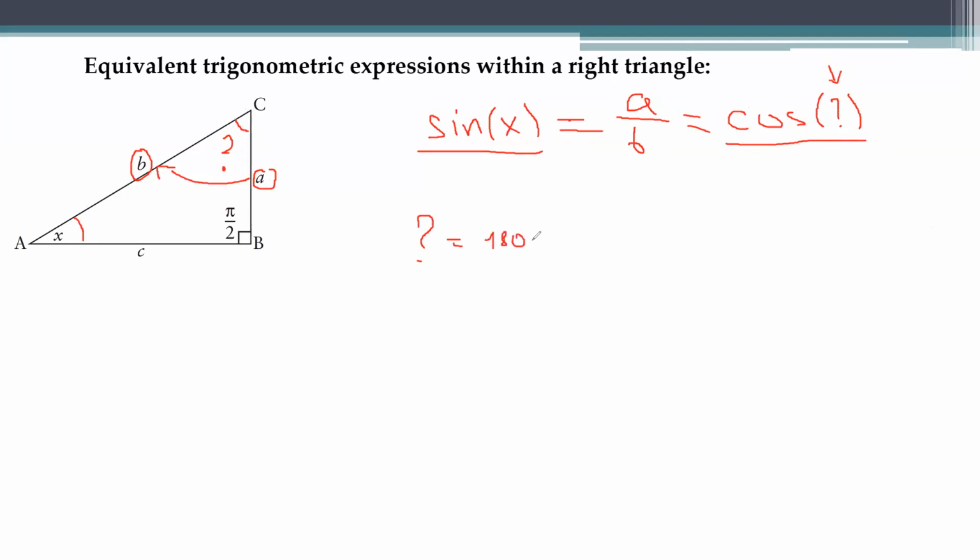So the unknown angle would be equal to 180 minus pi over 2 and minus x. Is that correct? Because total degrees are 180. We know x and pi over 2. But how else can we write this? 180 is also pi, so it should be equal to pi over 2 minus x.